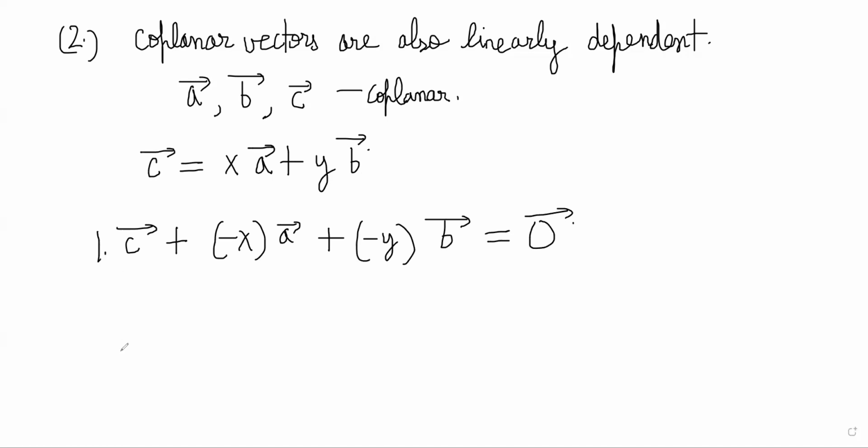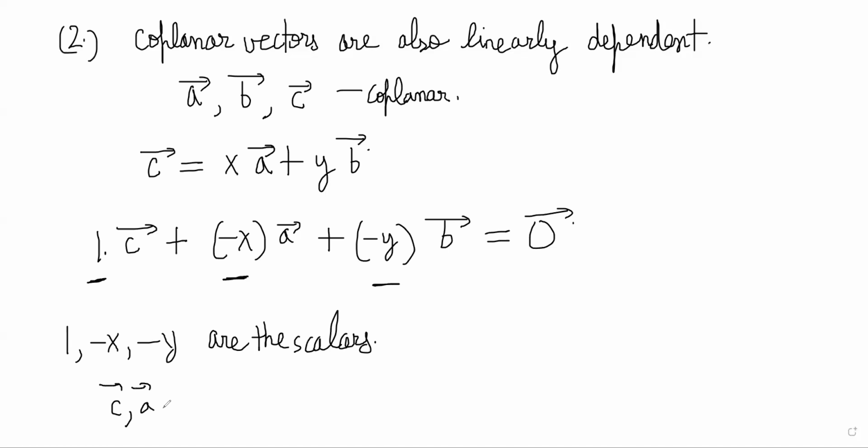And you can see that the scalars are not all 0. 1, minus x, minus y are the scalars. And since there is a 1 present, means all of them cannot be 0. So the set C, A, B is a linearly dependent set, right? So you should understand these two properties really well.